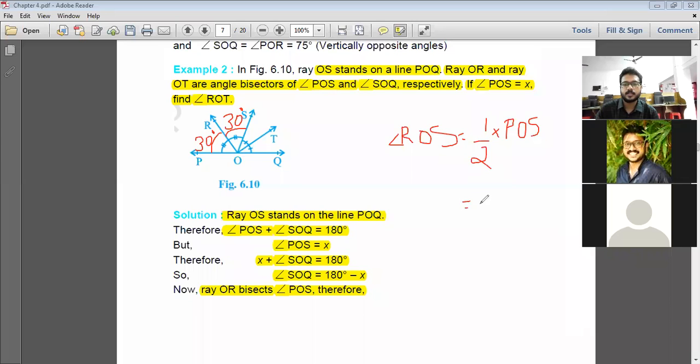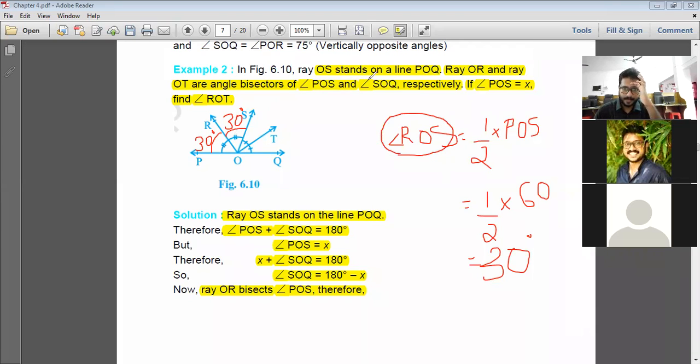So what is the total angle POS? It is 60 degrees. What is half of 60 degrees? It is 30 degrees. And that 30 degrees will be angle ROS.